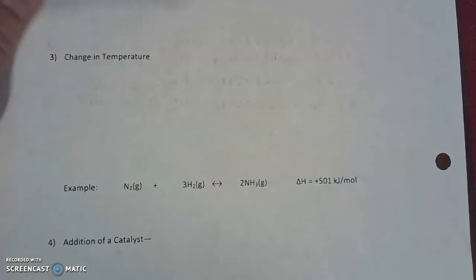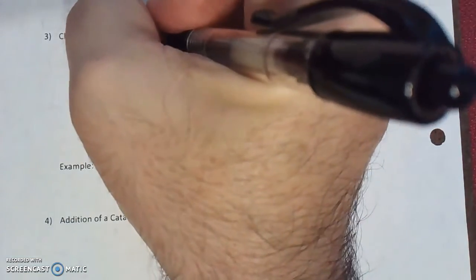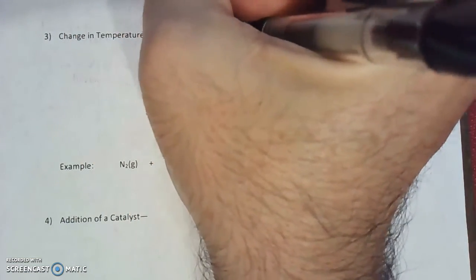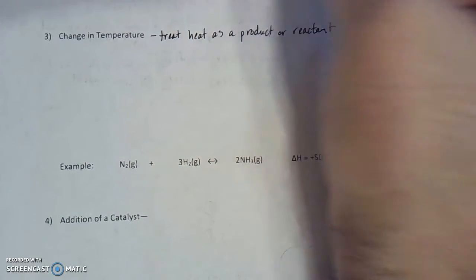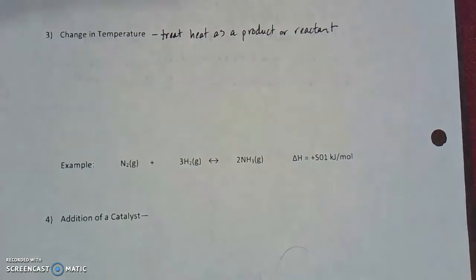Our next stressor is a change in temperature. This means that we're going to add or subtract heat. With this one, we are going to treat heat as a product or reactant. We are going to be using some terms from thermodynamics, delta H and endothermic and exothermic.